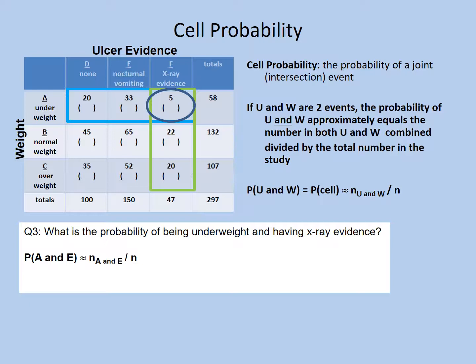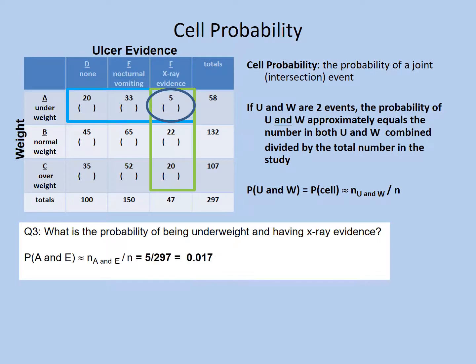The answer is the probability of the cell that combines the events A and E, which is approximately equal to the number in A and E divided by N. Since there are 5 persons in the cell obtained by the intersection of the events A and E, the answer is calculated to be 5 divided by 297, which equals 0.017.